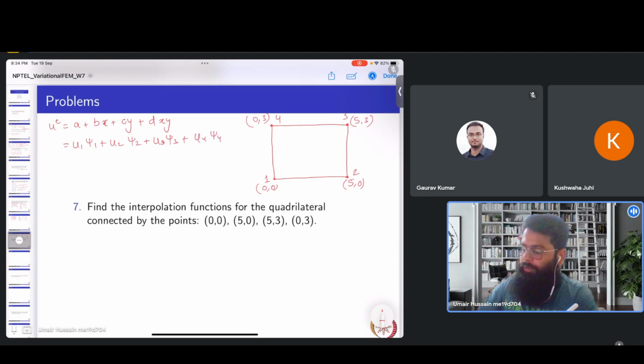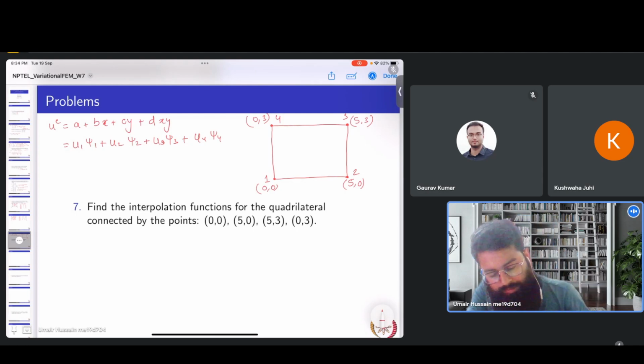Again we follow the same steps. For any geometry, if you just follow the same steps, you can get the approximation function, the shape function, for that. In fact, I think in class sir did it by approximating with xi for the mapping. That can also be done. Same thing.